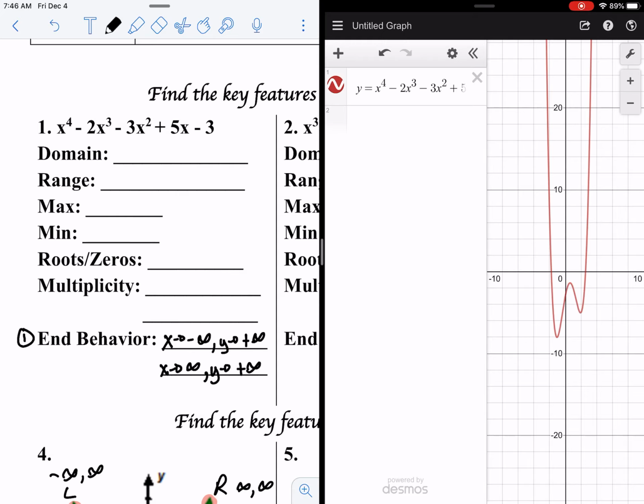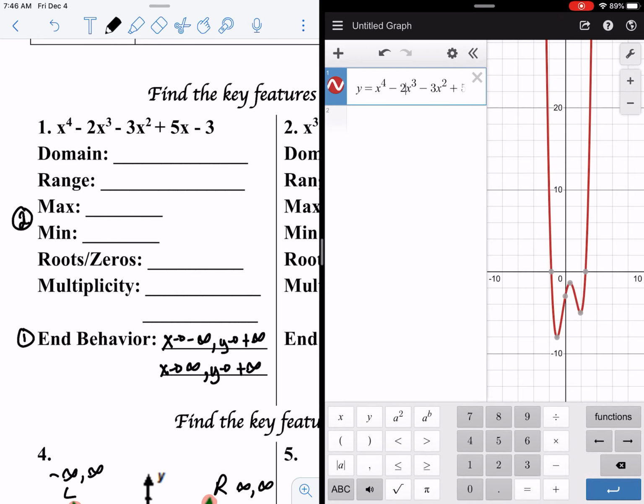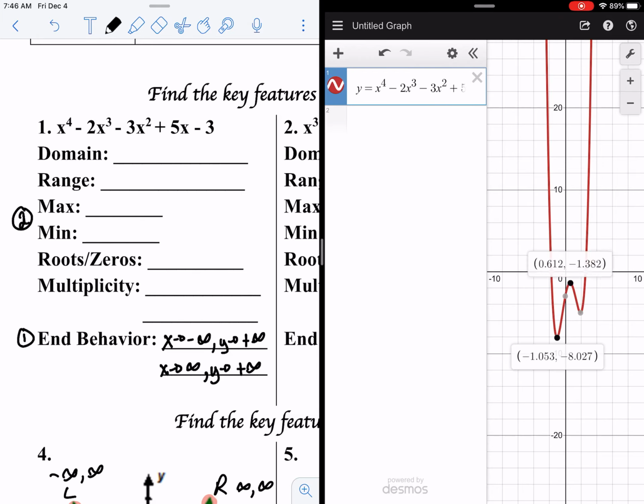After that, I like to pick out my maxes and my mins. And the cool thing about Desmos is that it'll actually tell you these values. Now I'm going to just select my mins to start with.